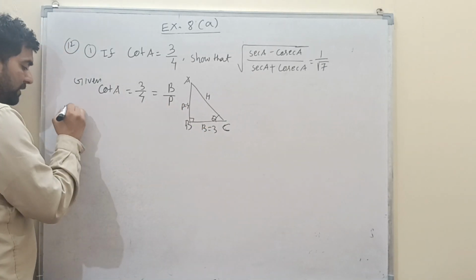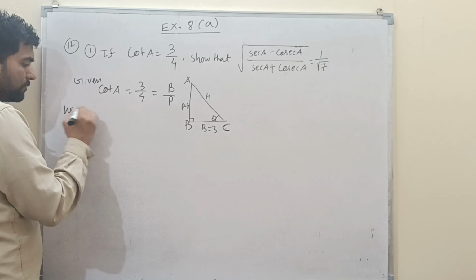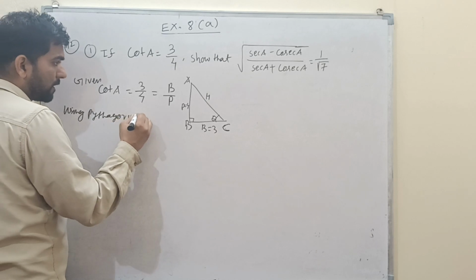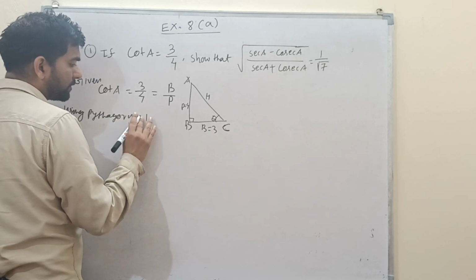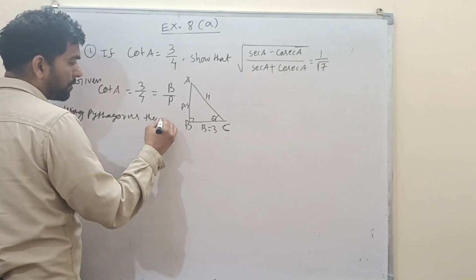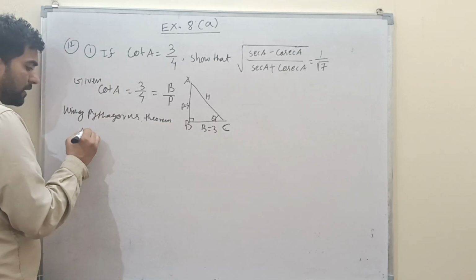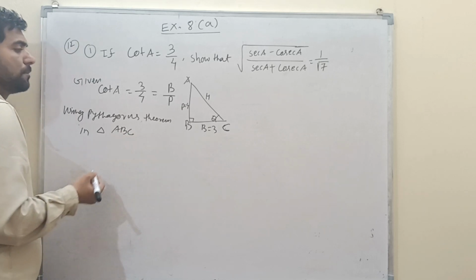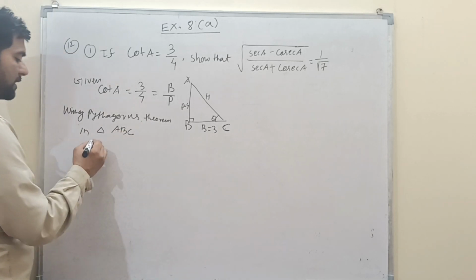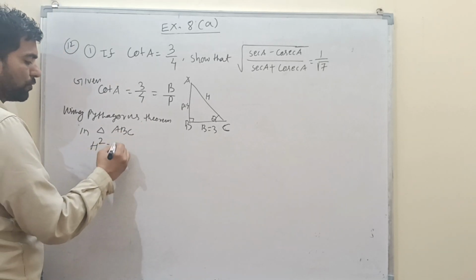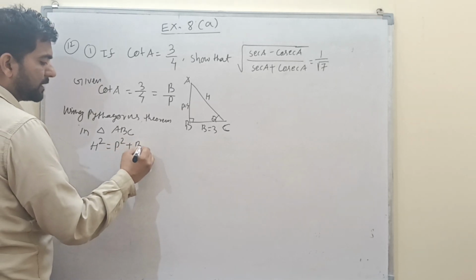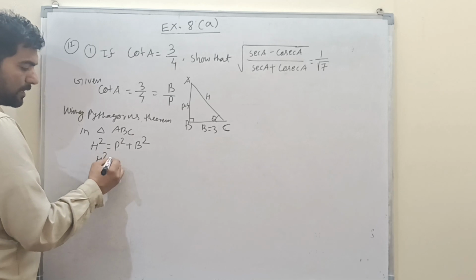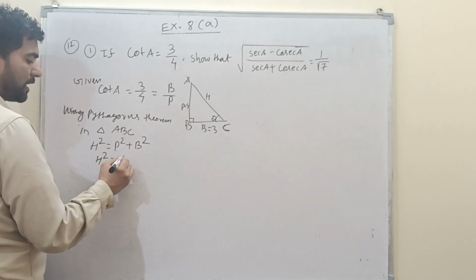We write the same thing using Pythagoras theorem in triangle ABC. So you know that Pythagoras theorem says h square equal to p square plus b square. We have to calculate h. P is 4, so we'll write 4 square.